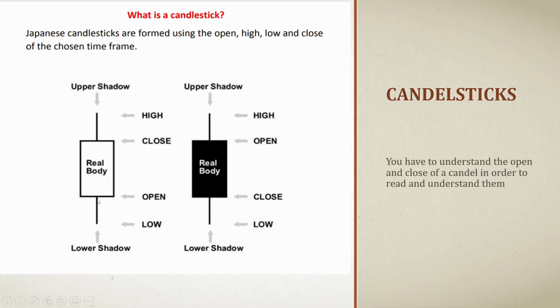We call these wicks because they are not part of the body. So this is the body, and these are wicks, the upper and down part. At the beginning of the day it opened here, and at the end of the day, exactly 24 hours later, it closed on this part.